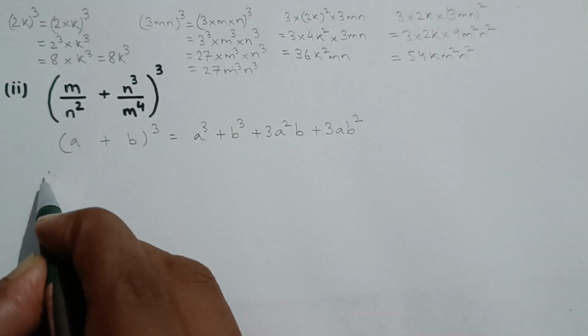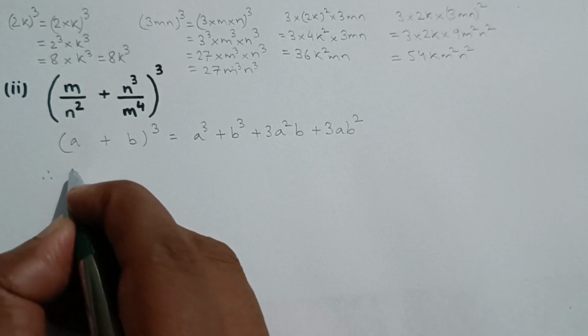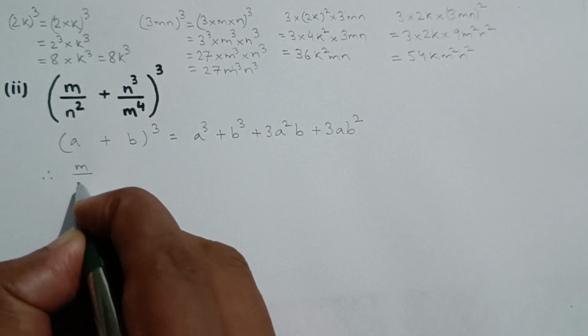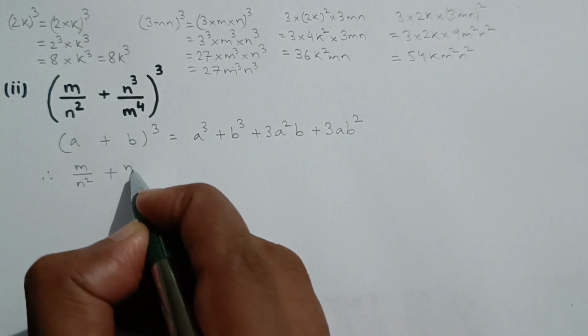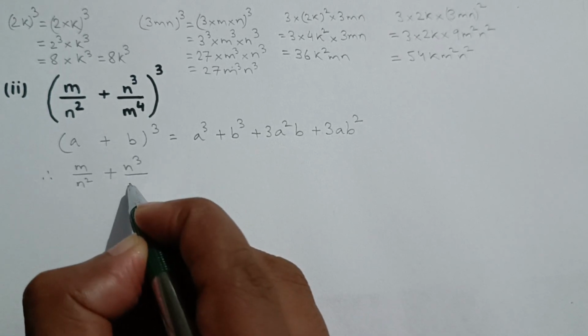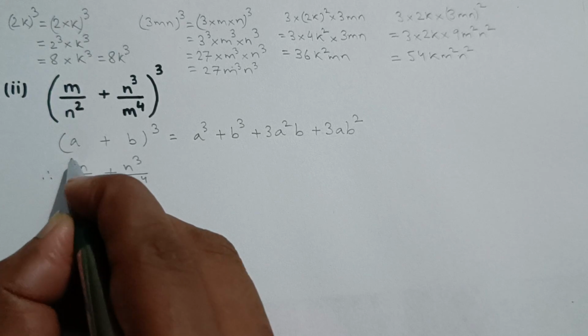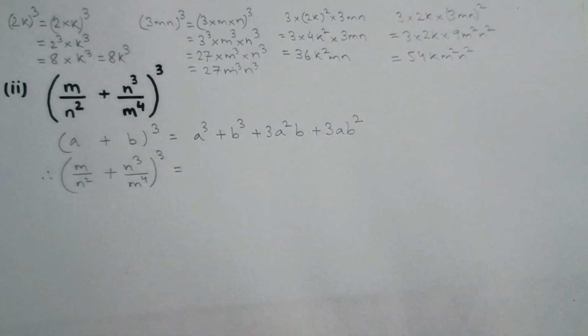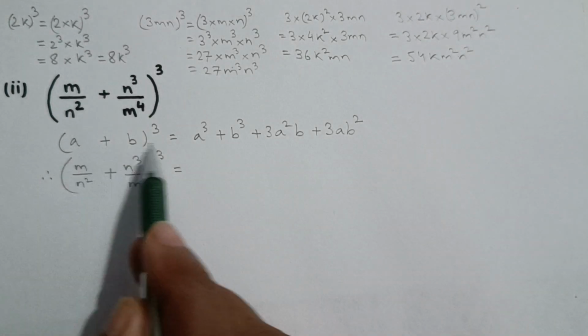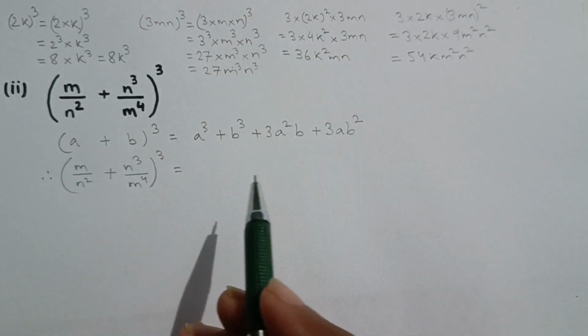So we have to expand m upon n square plus n cube upon m to the power 4 whole cube. We will expand this expression using this algebraic identity.